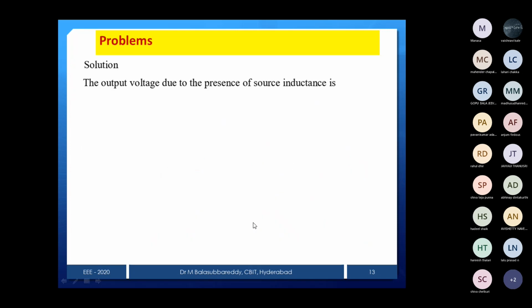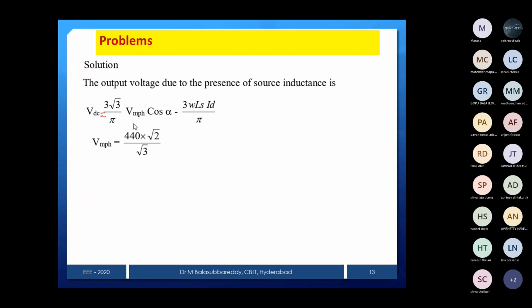You can see the usual formula: Vdc is equal to 3 root 3 Vm by pi into cos alpha minus 3 omega Ls by pi into Id.